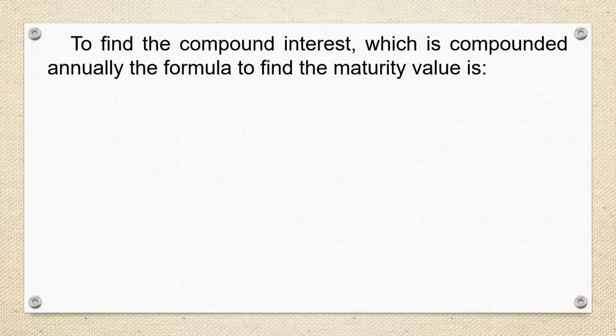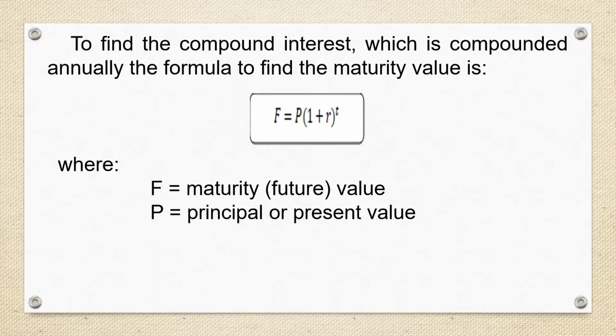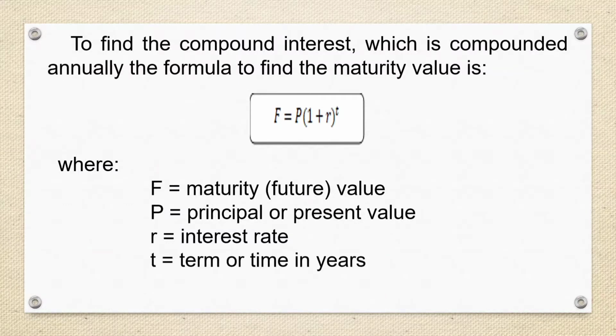So to find the compound interest, which is compounded annually, the formula to find the maturity value, which is also called the future value, is F equals P times (1 plus R) raised to T, where F is the maturity or future value, P is the principal or present value, R is the interest rate, and T is the term or time in years.